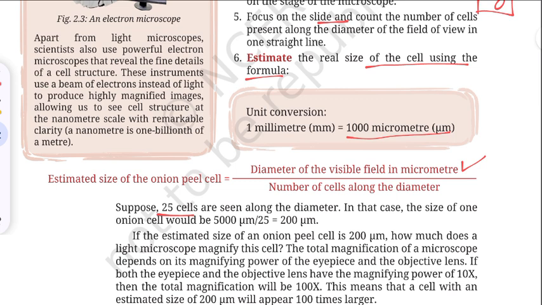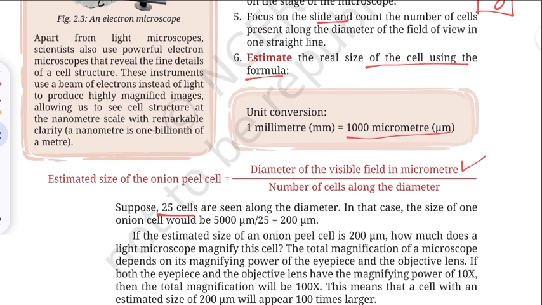Taking millimeter as the basic unit, we can't do the calculation. So you need to convert it into micrometer by multiplying by 1000. Fine. Suppose you got 5 millimeter diameter, you will convert it into micrometer, and that will become 5000 micrometer. Don't forget to put the unit.